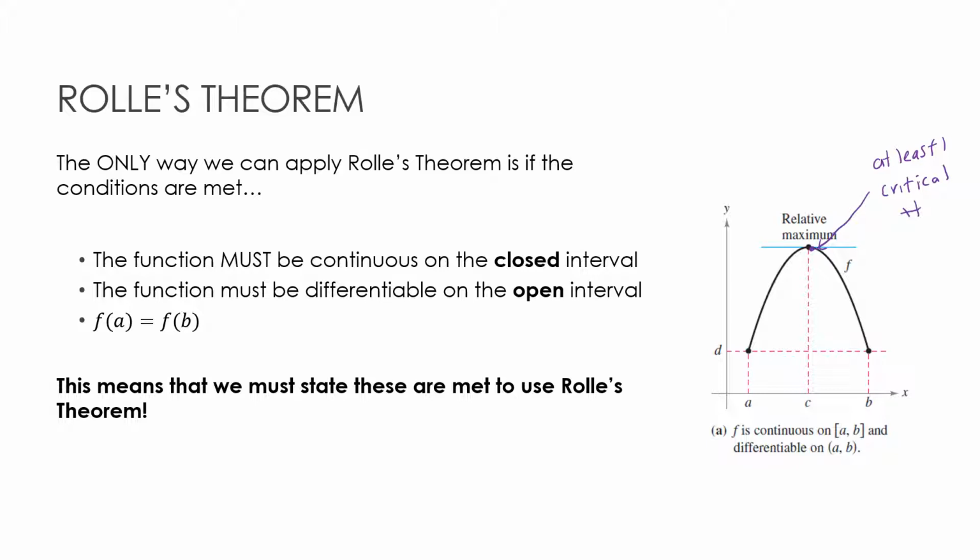So that is what Rolle's theorem is telling us, which means there is a possible relative min or max at that point. But as we looked at before, it's not guaranteed that there is one. Now, what conditions must be met? Well, it must be continuous, it must be differentiable, and f of a must equal f of b, which means those 2 y values must be equal.